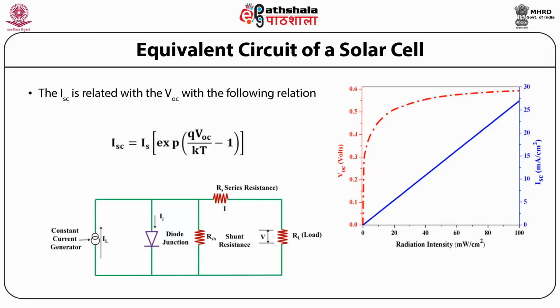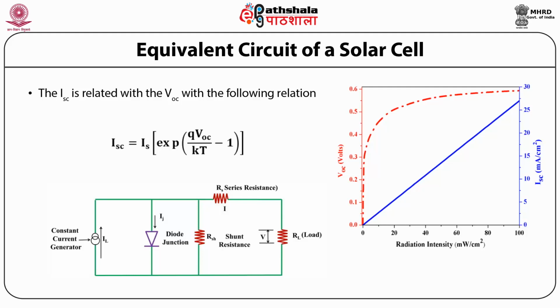This indicates that as the value of Eg increases, the maximum value of VOC decreases, which is opposite to that of ISC, recommending that there is an optimum value of Eg in the semiconductor for maximum efficiency. The maximum VOC also decreases with increasing temperature.